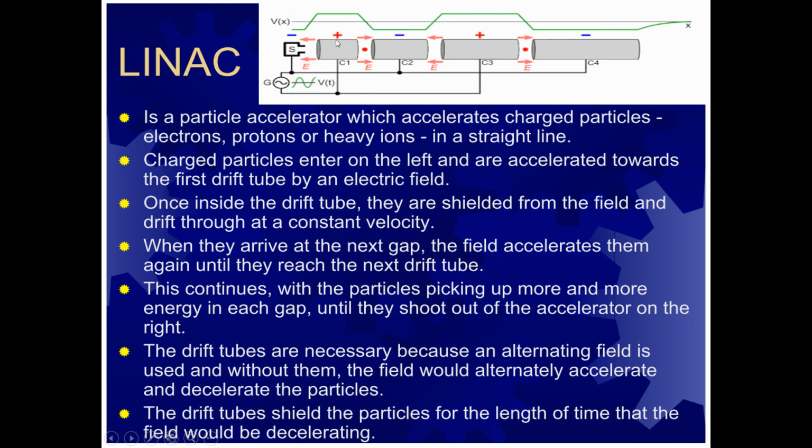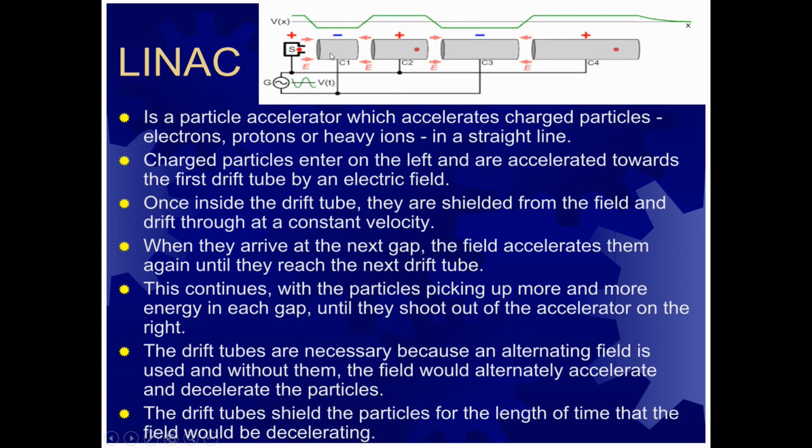If they weren't there, the alternating field would accelerate and also decelerate the particle. Here we are only accelerating the particle, so we avoid the decelerating effect of the alternating field.